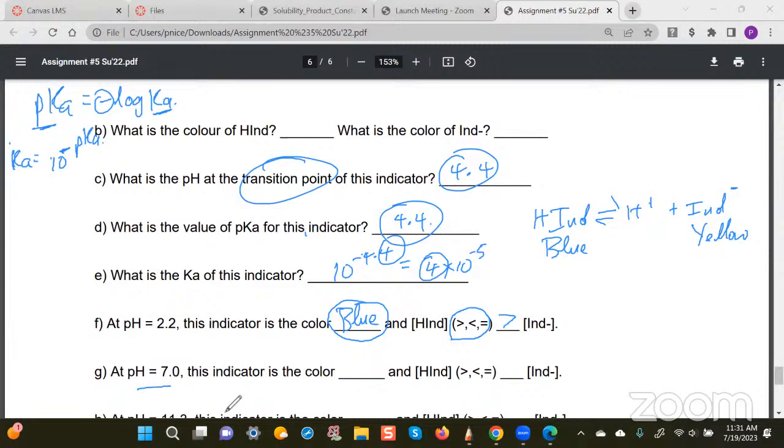pH 7.0. What would be the color of the indicator at pH 7.0? Yellow. Would be yellow. And what would be the answer for this part here? Would the concentration of HIND be greater than, less than, or equal to IND minus?